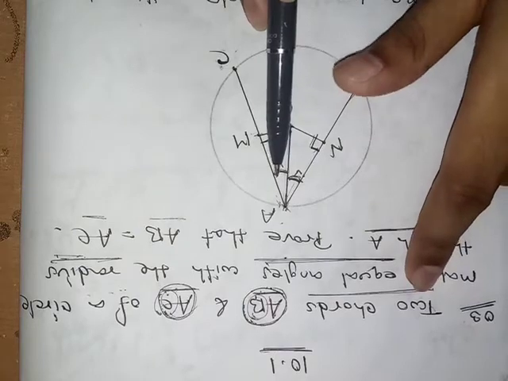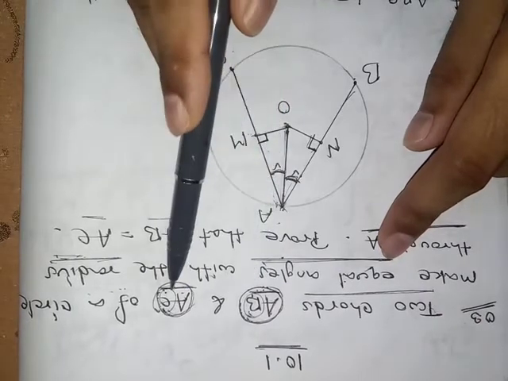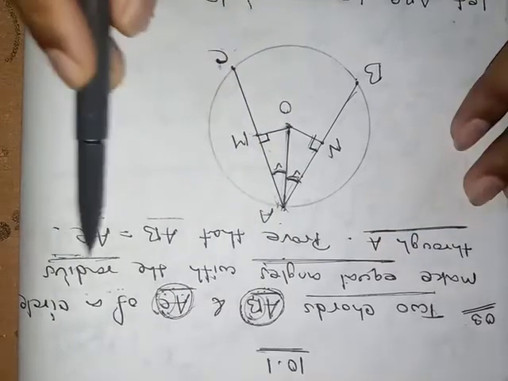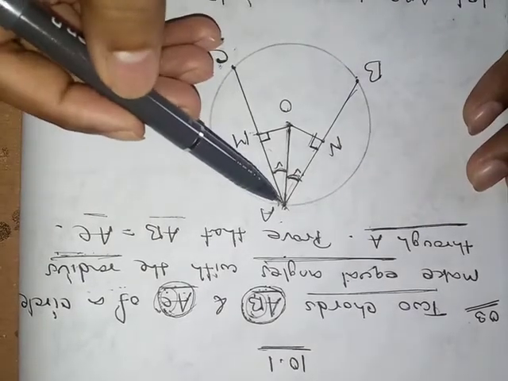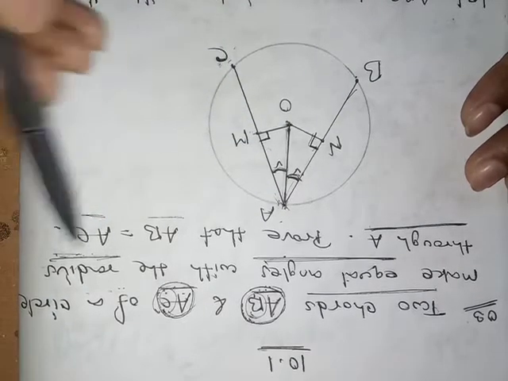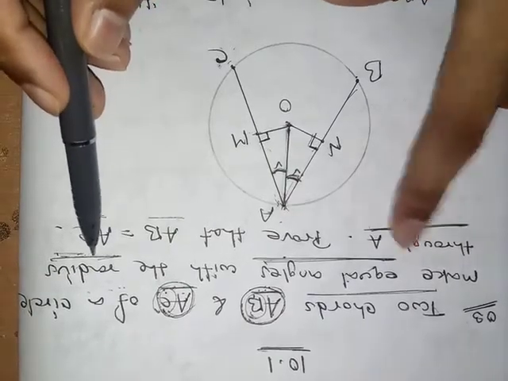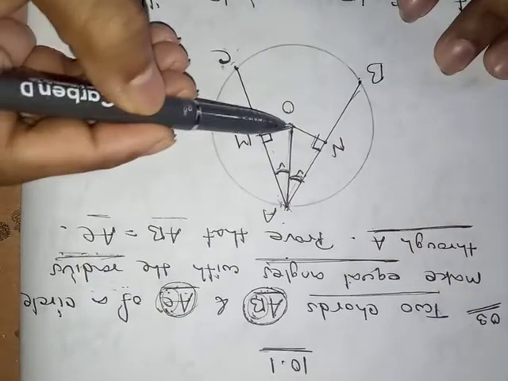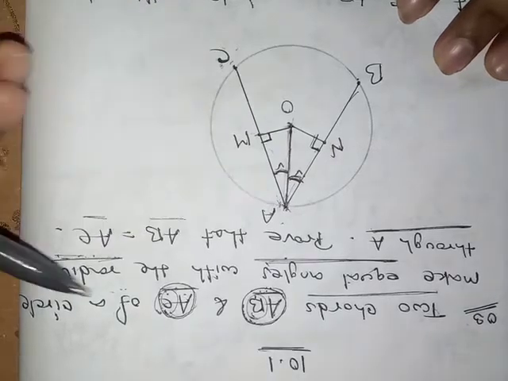Here the statement has asked for two chords AB and AC, and also a radius through A. I have taken two chords, one is AB, another is AC, and I have also taken a radius that goes through A.